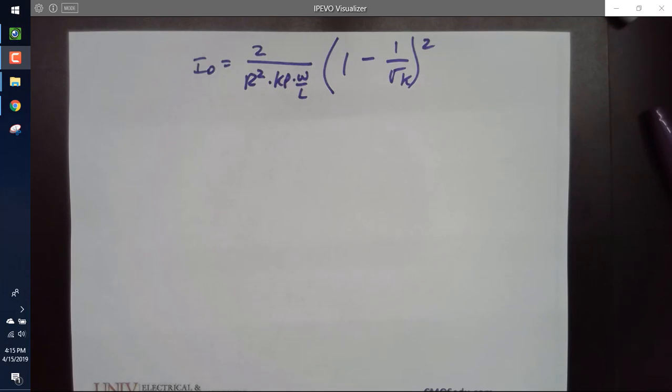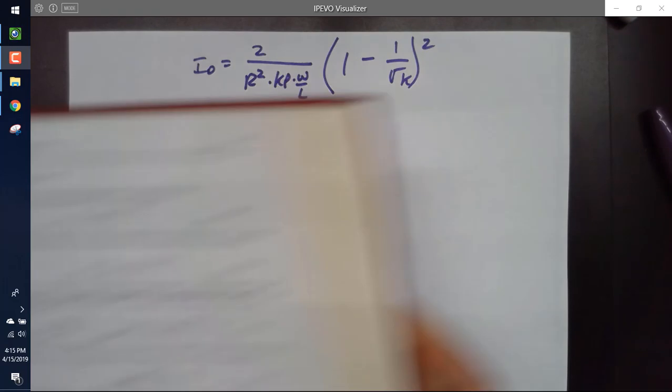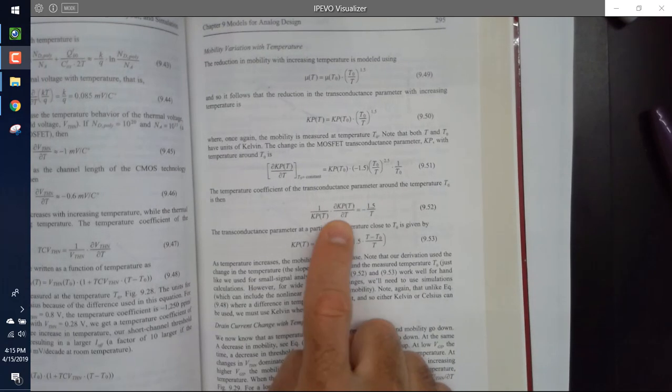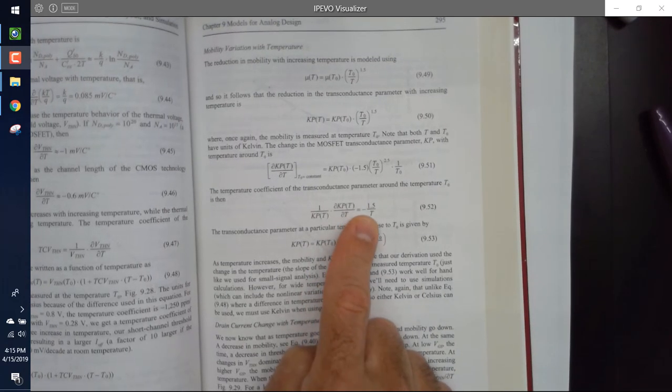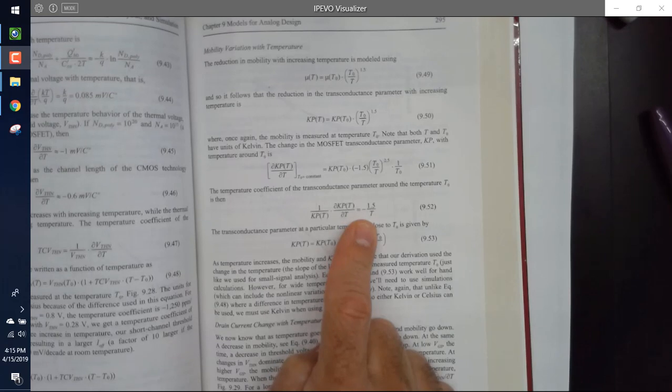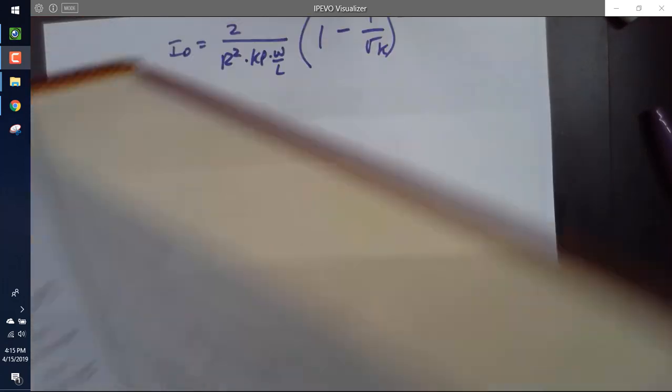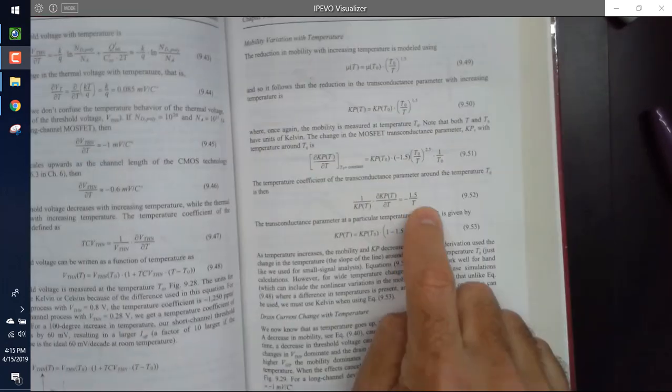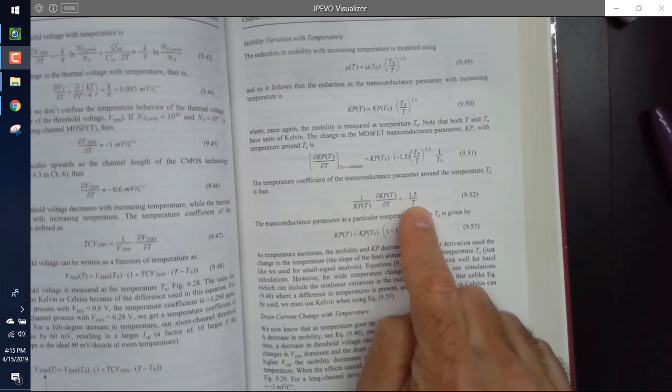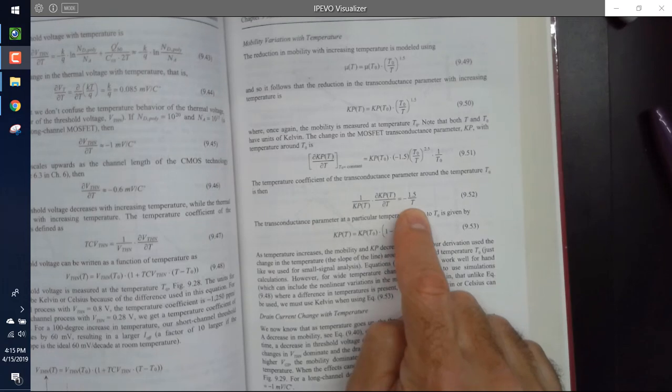So if I go back to chapter 9 and look at how Kp changes with temperature, I get 1 over Kp del Kp del T is minus 1.5 over T. And what's the units of T here in this equation? Kelvin. You can't use Celsius because then it doesn't work out, because it's not a difference.